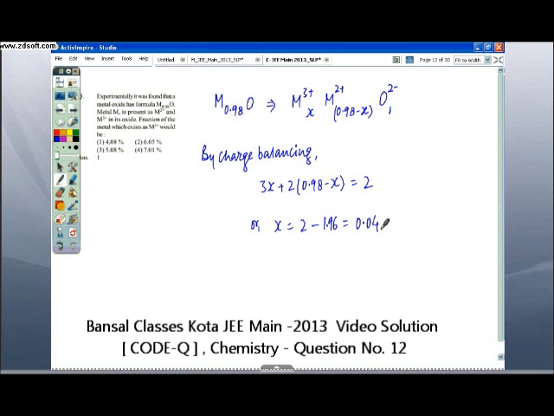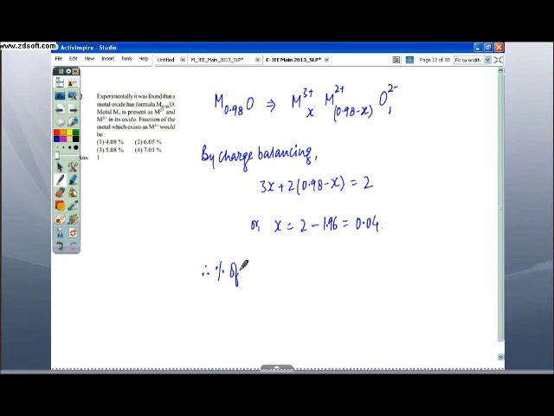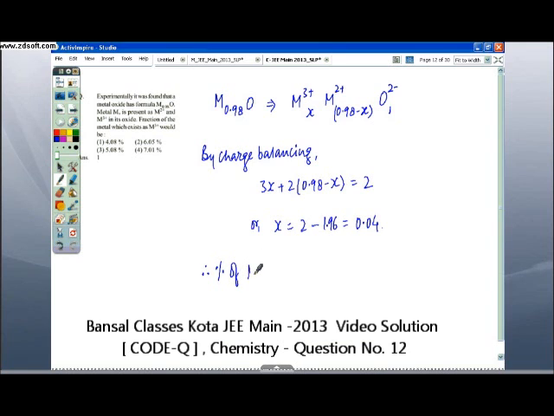Therefore, percentage of M3+ is equal to 0.04 divided by 0.98 into 100, and this is equal to 4.08%. So first is the right answer.